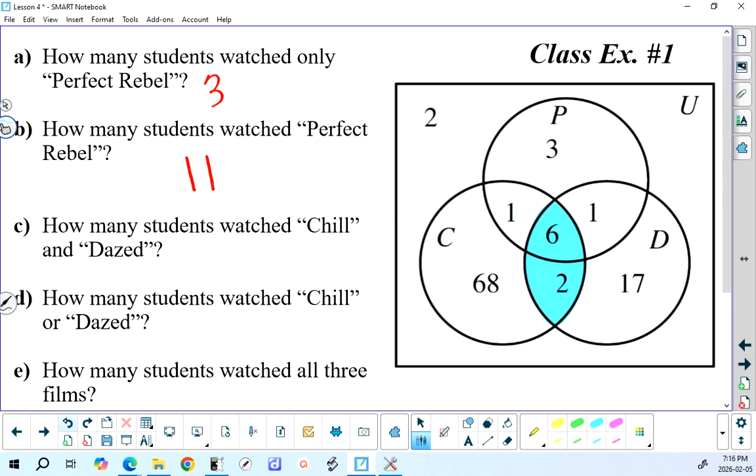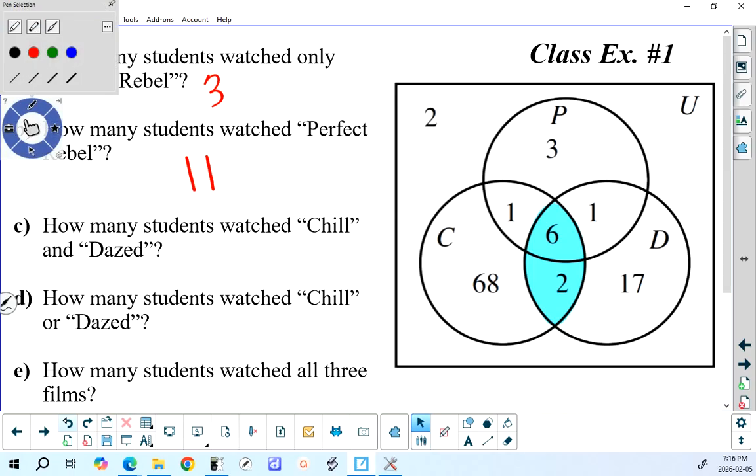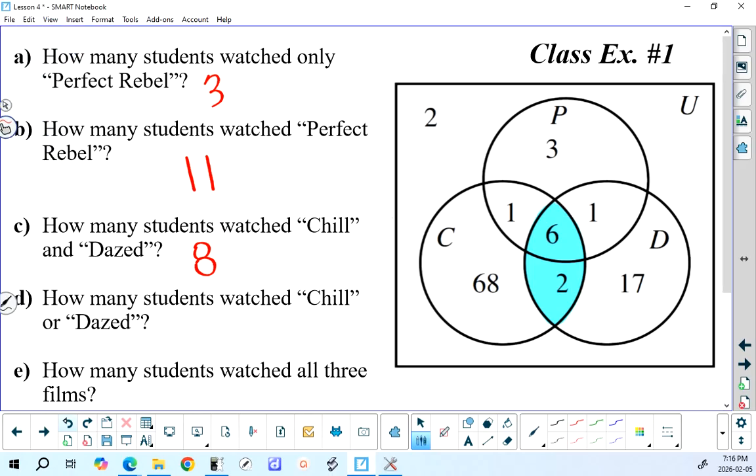And if you like, you can just ignore P and it becomes a 2 Venn diagram problem from yesterday. So we add those numbers together. 6 plus 2 is 8. Now, the 2 people in that highlighted region watched Chill and Dazed, and that's all they watched. The 6 people in that highlighted region watched Chill and Dazed, but they also watched Perfect Rebel.